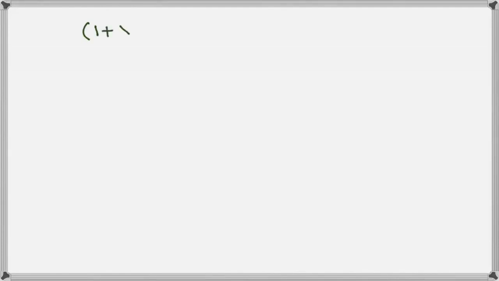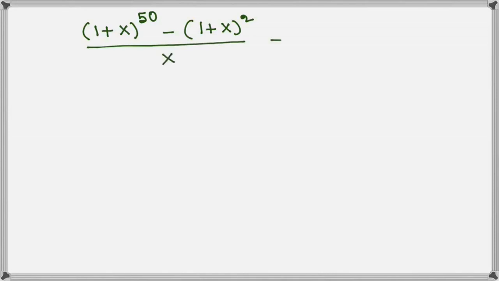So, our given sum turns out to be ((1 plus x) whole to the power 50 minus (1 plus x) whole square) divided by x plus (1 plus mx) whole to the power 50. Now let us write down the coefficient of x square in this sum.